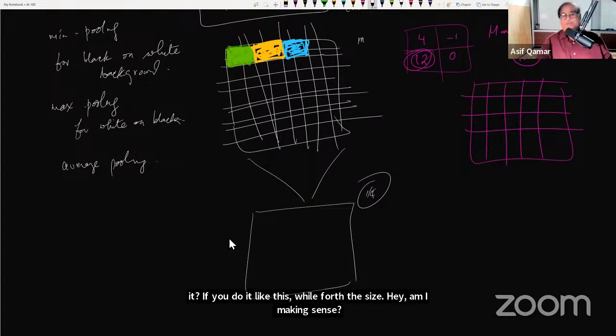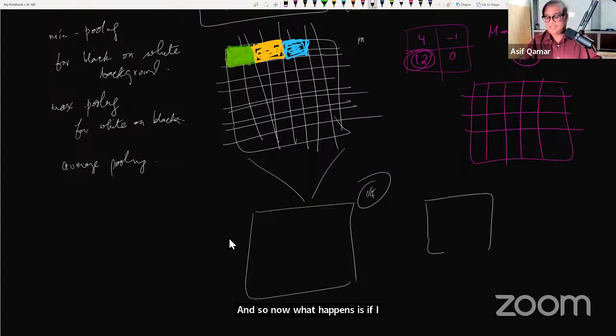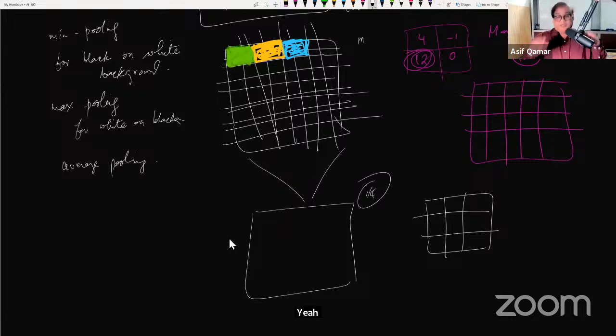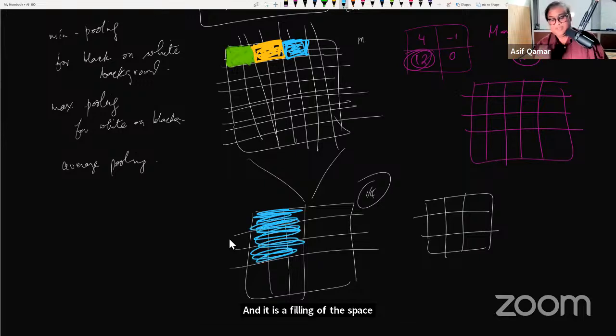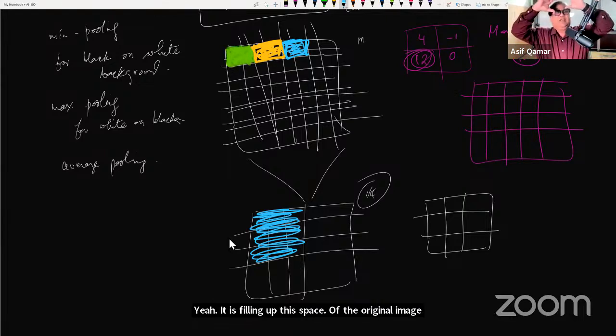And so now what happens is, if I again combine the next layer with the same 3x3 filter and run over it, this filter, when it is sitting here and it is filling up this space, it is filling up the space of the original image. How much of it is it covering?